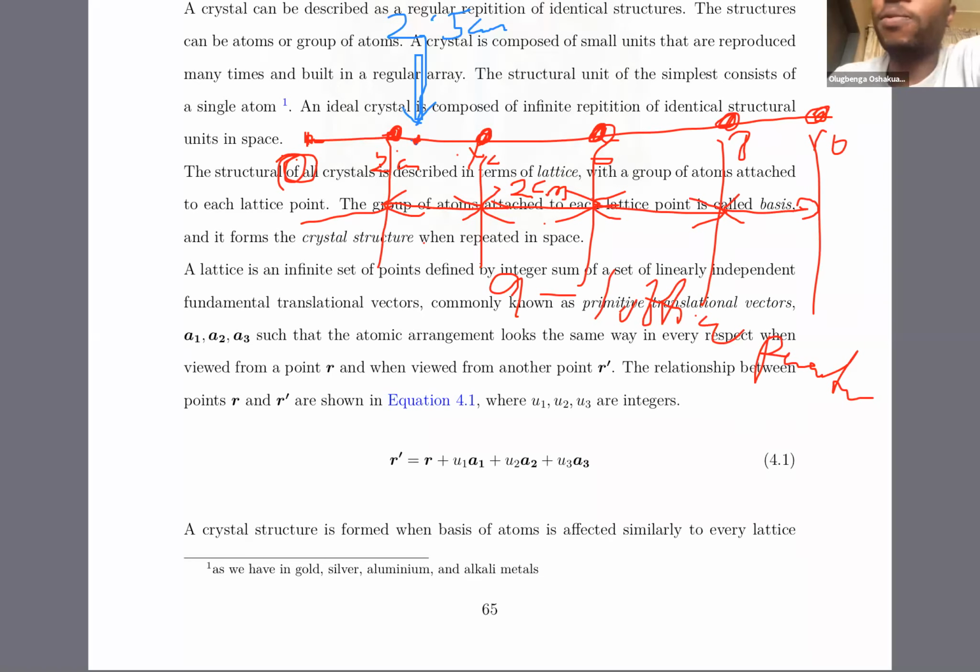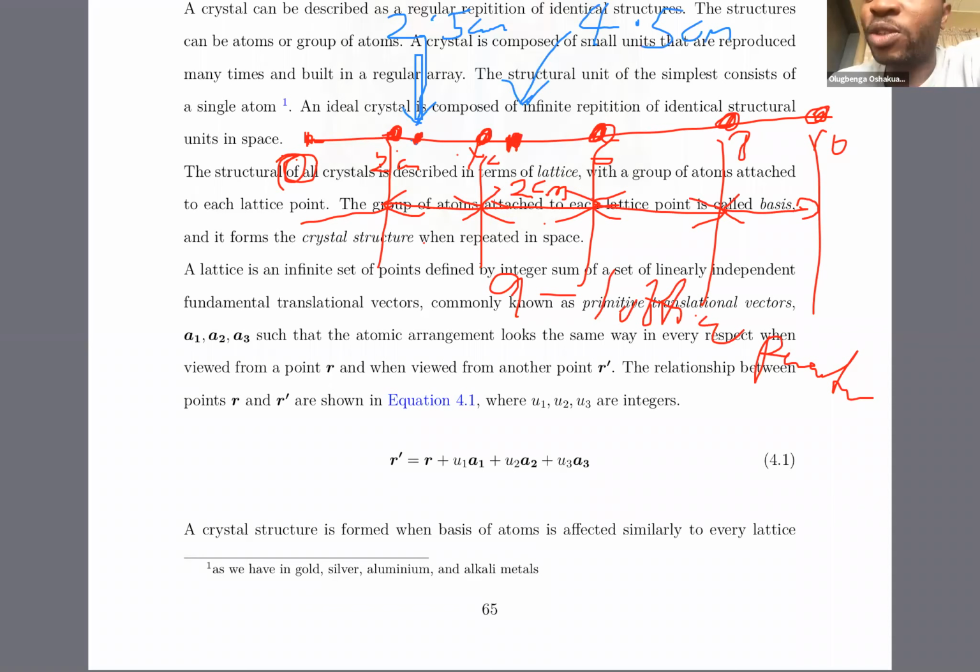If the ant takes off and moves by a lattice constant A, that means the ant would have traveled from this point to this point, which should be 4.5 centimeters.